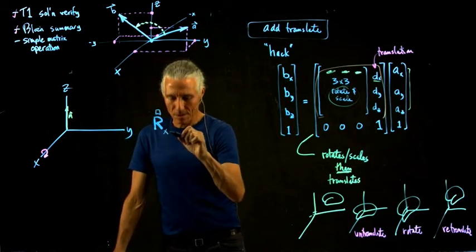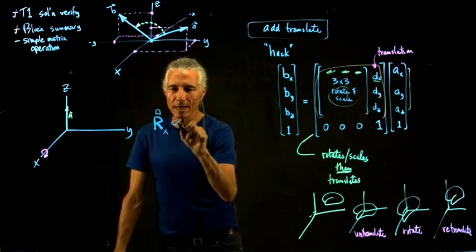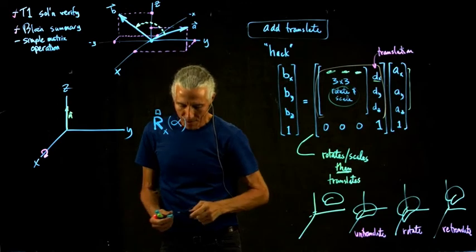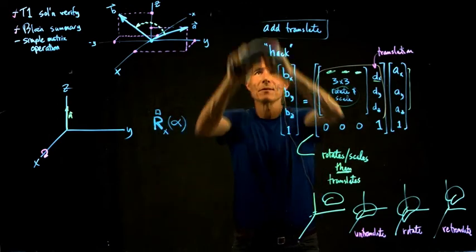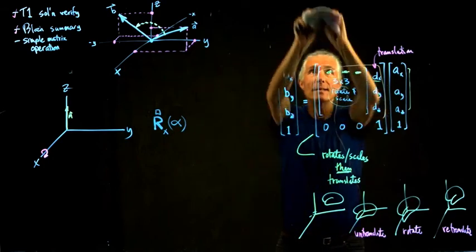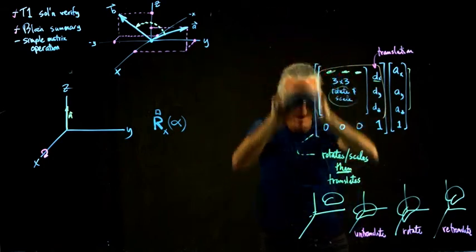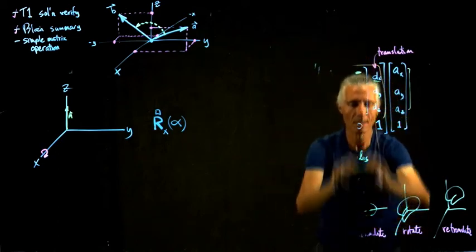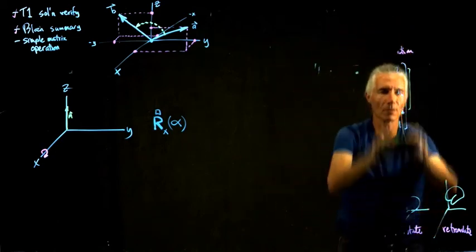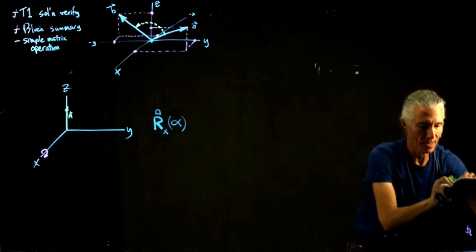So here's the matrix that you need to rotate some arbitrary angle around the x-axis, but don't mess with any of the other rotations. Don't rotate it around the y or the z, and then also don't change its length. So that's why just rotate it without doing anything else.